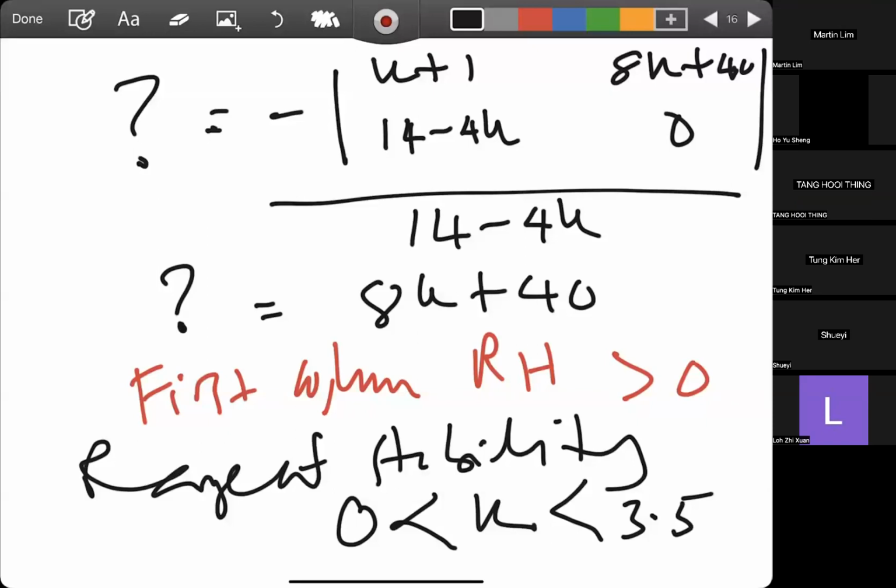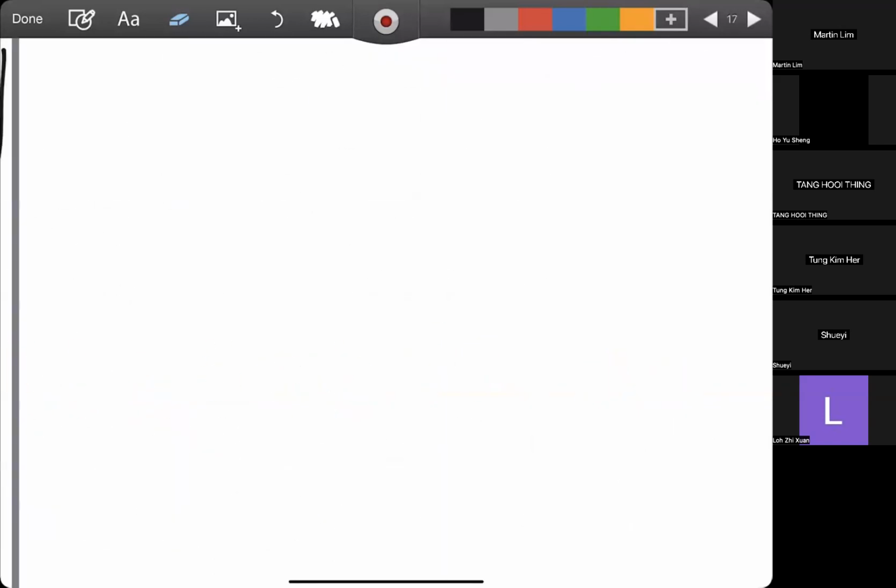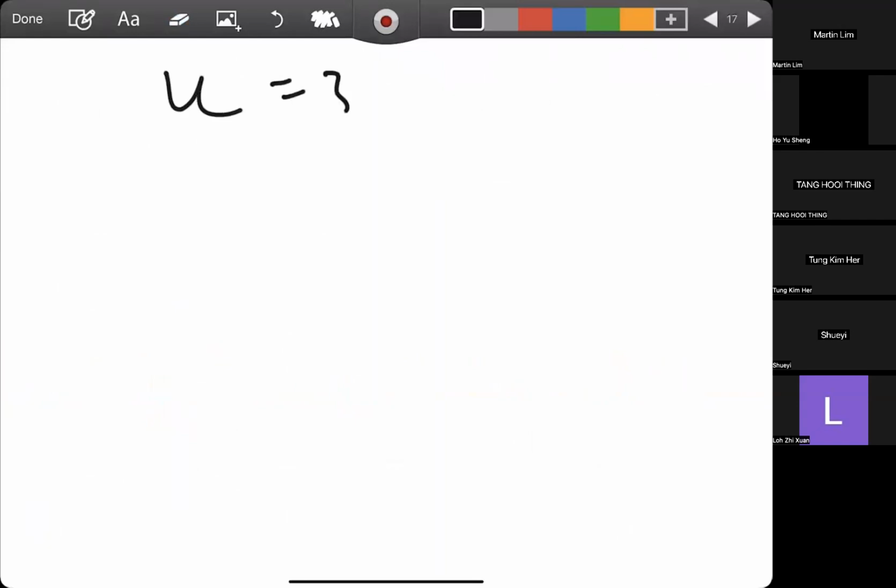If K is equal to 1, stable or not stable? Stable. If K equal to 1, stable. And then if K is equal to 3.5, stable or not stable?